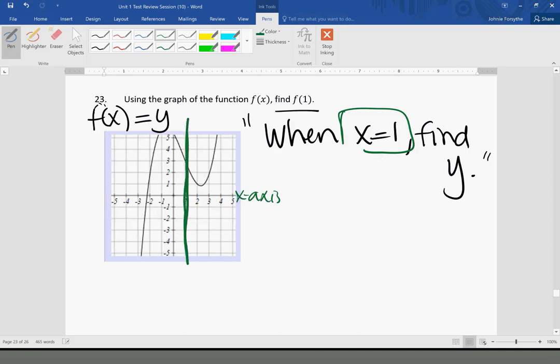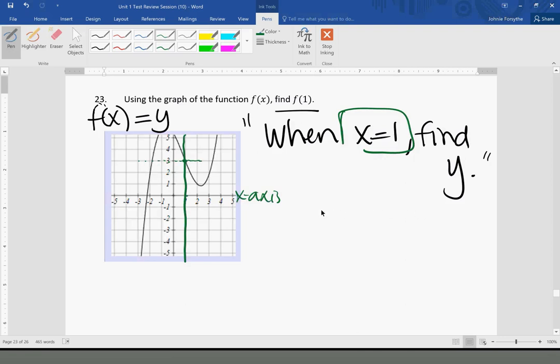Okay, my line is real suspect, but we're going to just try to draw a straight line. So when x equals 1, my graph crosses right here, and the y value is 3.